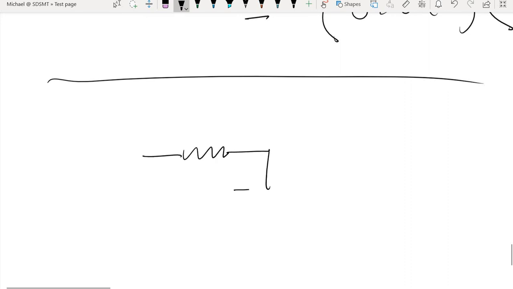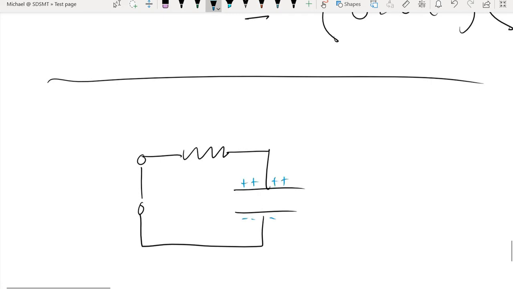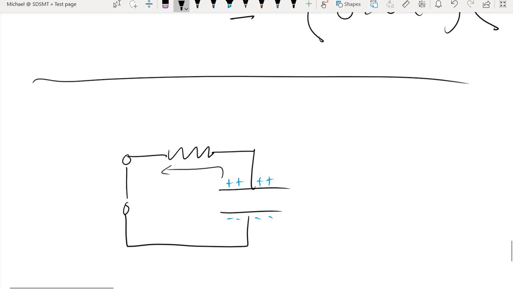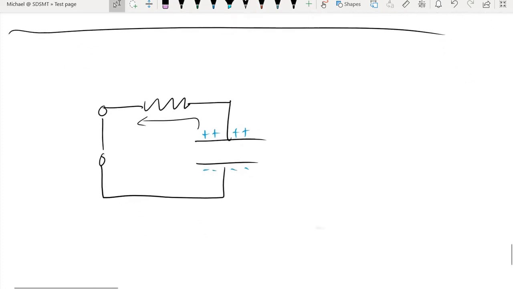We have the resistor, the capacitor, and it was connected to a switch. All that positive charge that was on the capacitor plate, come on eraser, there we go. All that charge on the capacitor plate is now going to pass through the resistor and nullify with the charge on the opposite plate.